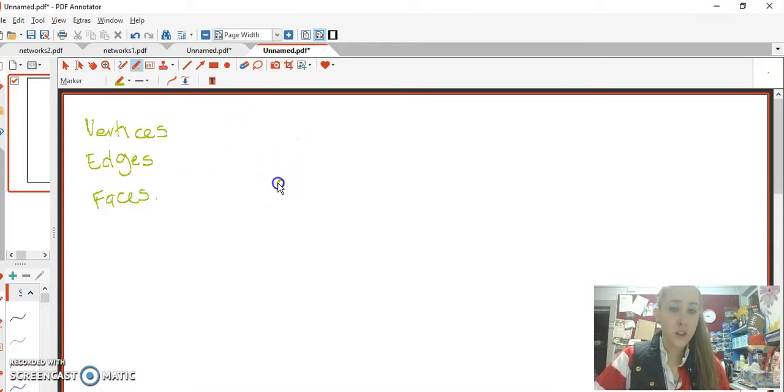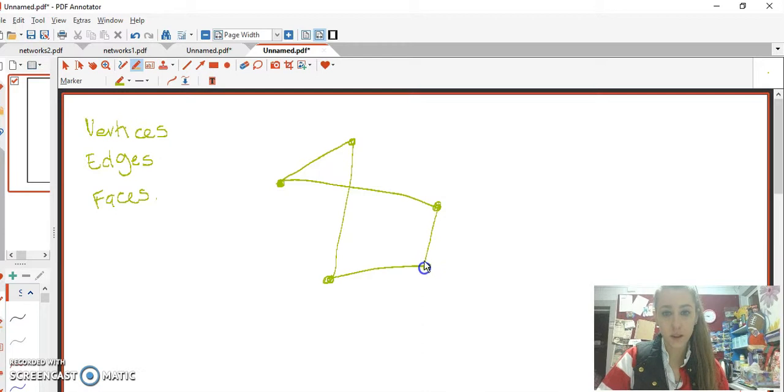So my first graph comes up like this. I'm just going to quickly draw it. Sorry, my drawing skills leave a lot to be desired. I'm going to quickly label these.